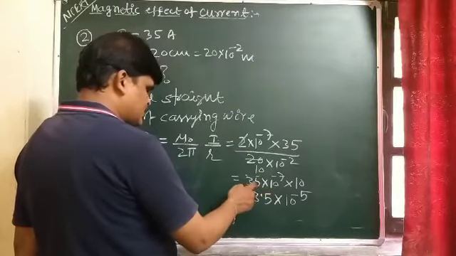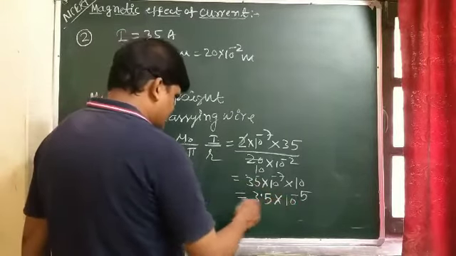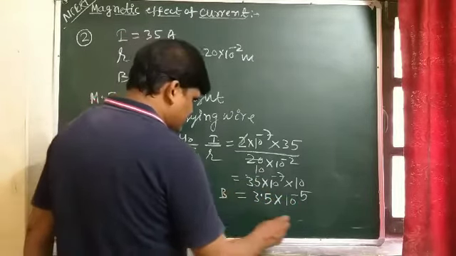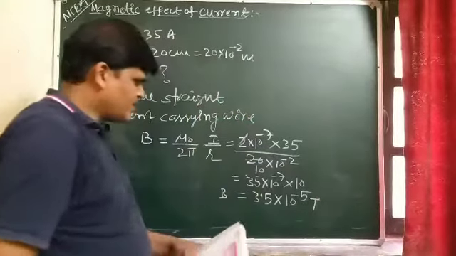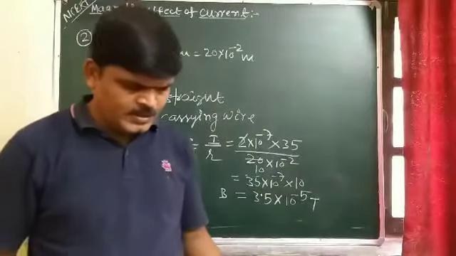So B comes out to be 3.5 into 10 to the power minus 5 T.